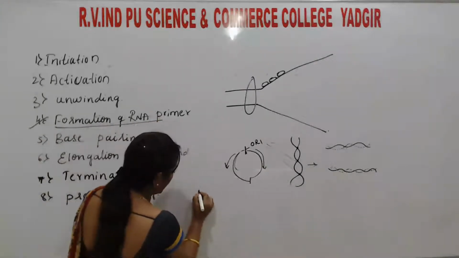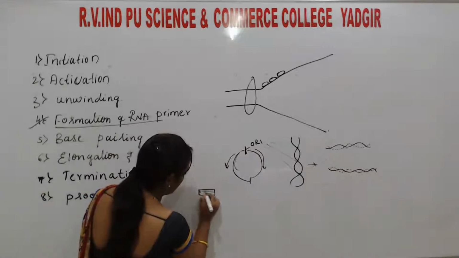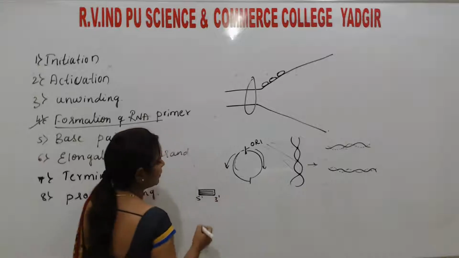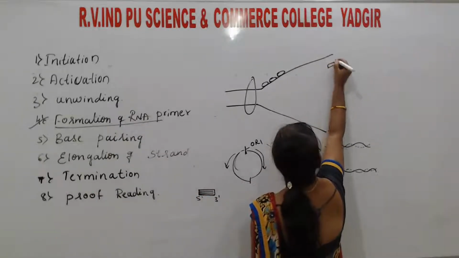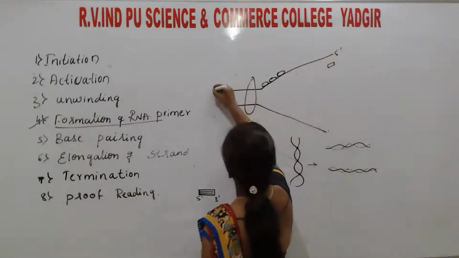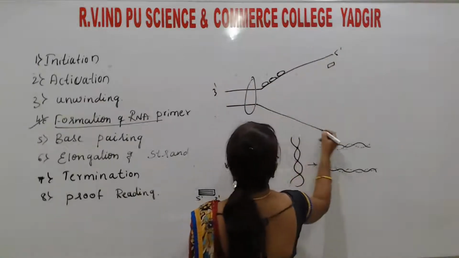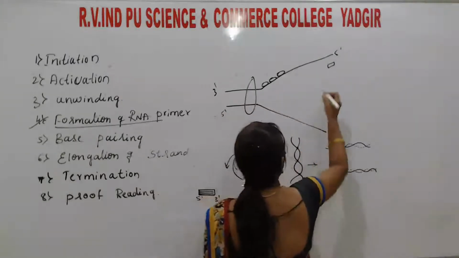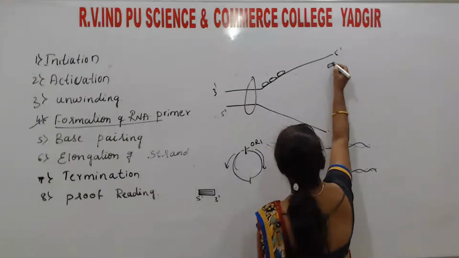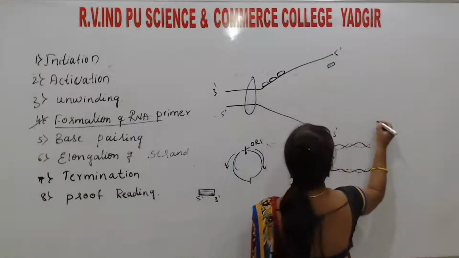It is small, and it has 3 prime and 5 prime ends. Always RNA will be formed in the 5 prime to 3 prime direction.